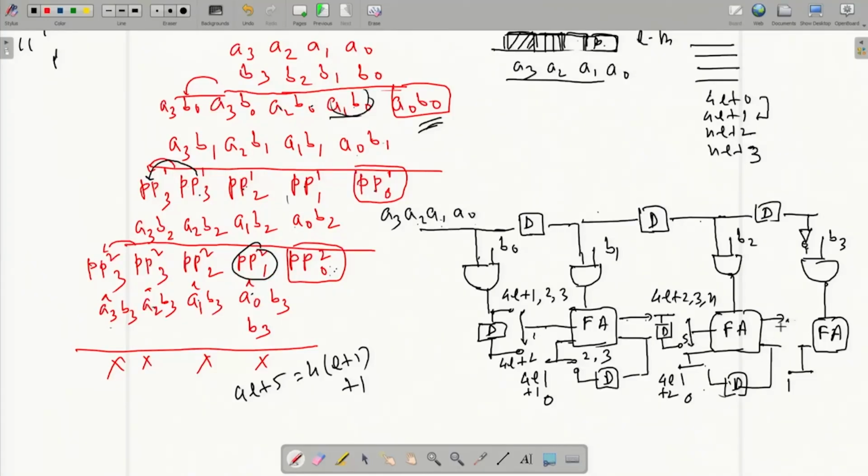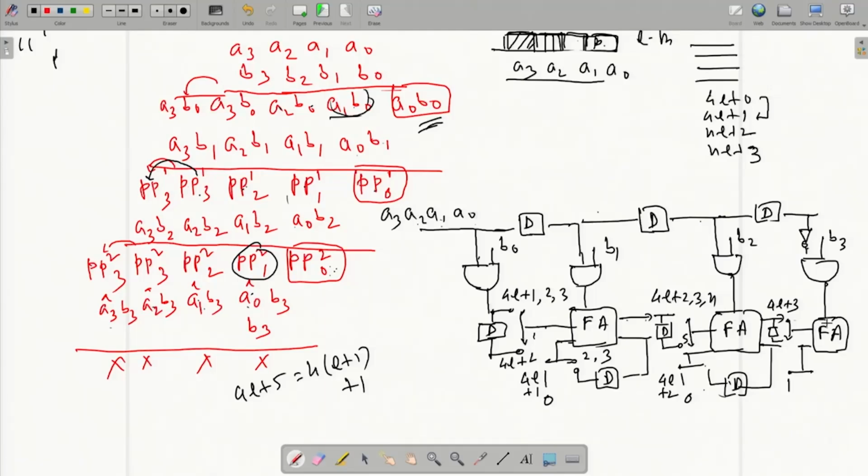So, there will be a switch, it will be here at 4L plus 3, then 4, then 5, A0 bar, then A1 bar, A2 bar. A0 came here at 4L plus 0, here after 3 cycles 4L plus 3, followed by A1, followed by A2, followed by A3, right, and they are not gated.